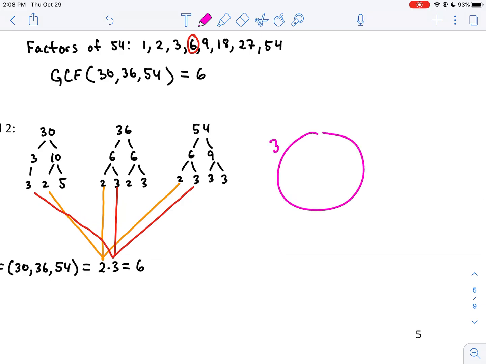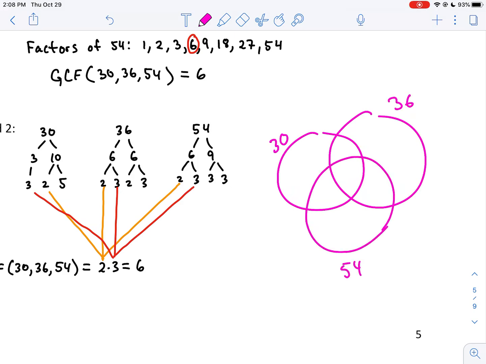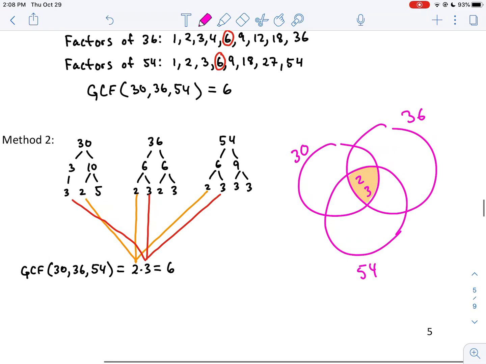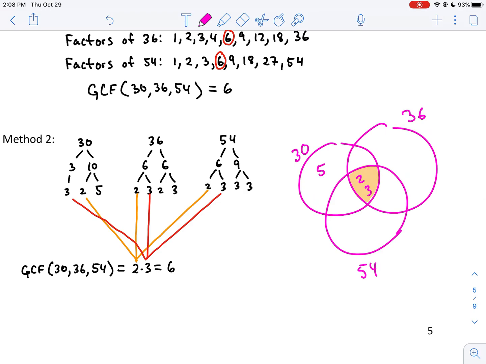If you're to do a Venn diagram approach, I would have the factors of 30, the factors of 36, and the factors of 54. And the ones that were common to all 3 were the 2 and the 3. So to be the GCF of 3 numbers, it's got to be in all of them. Then what numbers were unique to 30 that weren't in the others?